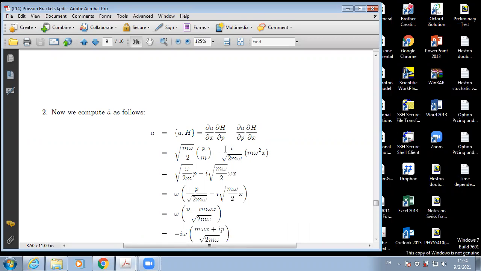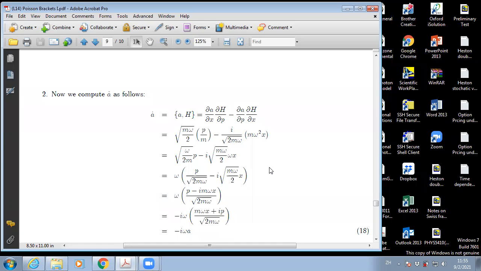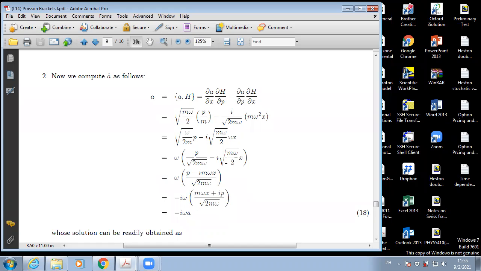And you can evaluate these 2 terms easily by plugging in the exact definition of h and also the exact definition of A, all right? So we get this. After simplification, going through all these small steps, we realize that, wow, it's very nice. It is equal to -i omega A, all right?